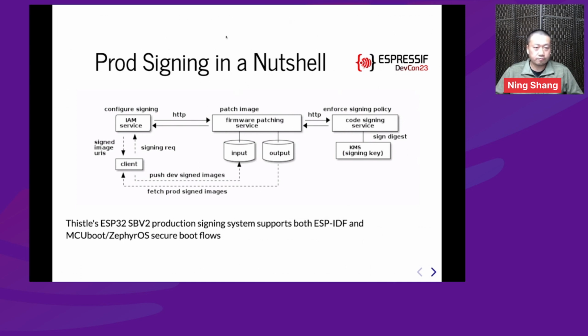So that's how it works. We don't get the signing key exposed to any entity outside of the KMS. Our ESP32 Secure Boot v2 production signing system supports both the ESP IDF boot flow and the MCUboot Zephyr OS based Secure Boot flow.